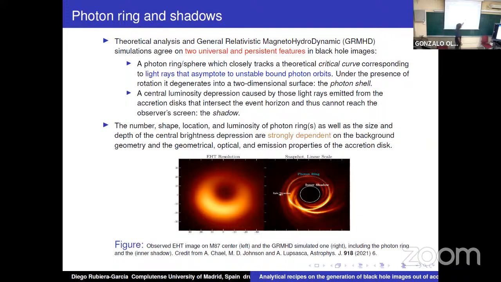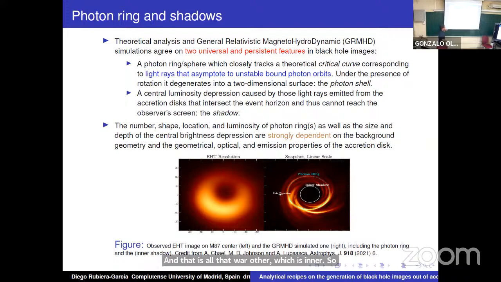For instance, in this image, which is the numerical image, when you run your Einstein equations numerically, solve them, you have something here which is called the photon ring, which is the actual luminosity that you see around your object. Central to it, there is some dark central area, and there is something here which is called the shadow. And there is another word added, which is inner shadow, which is a different thing.